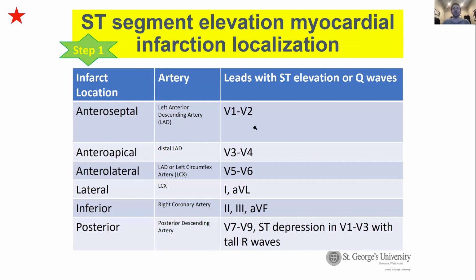It's important if they give you in the stem of the question that it's V1, V2, right? If you lay it out on your chest, V1, V2 is going to be straight across your chest. So if you have some sort of problem in V1, V2, you're thinking the LAD is in trouble. Then V3, V4, V5, V6 kind of comes across.